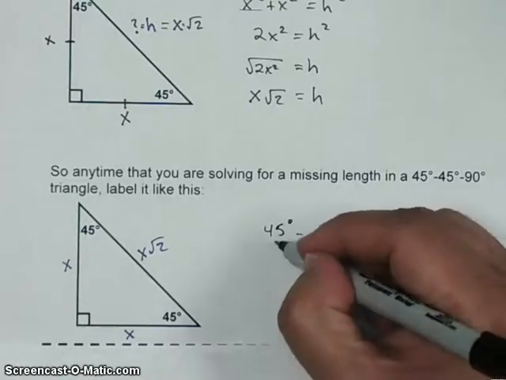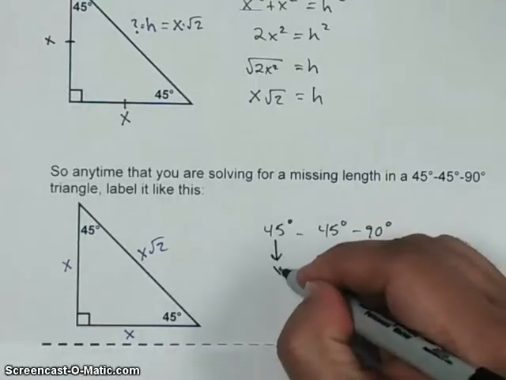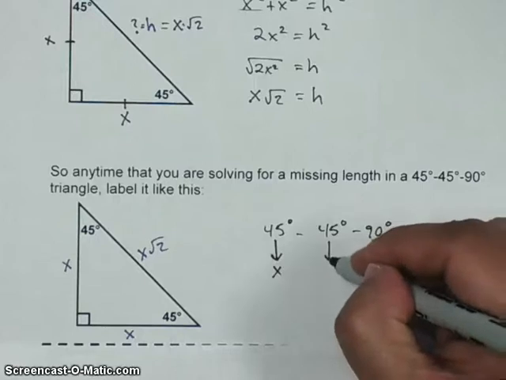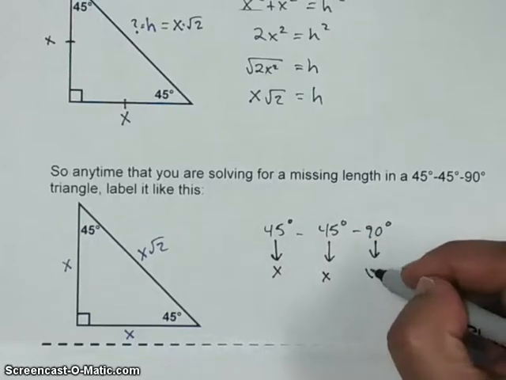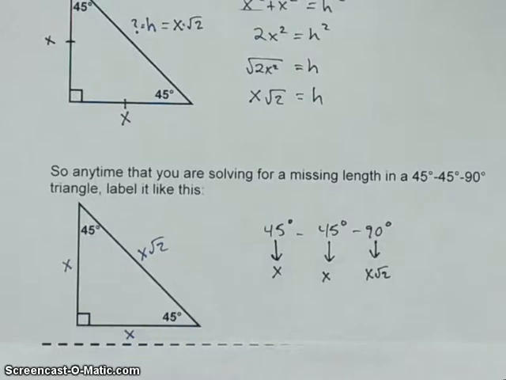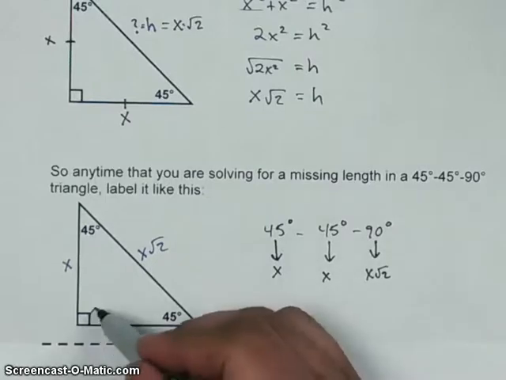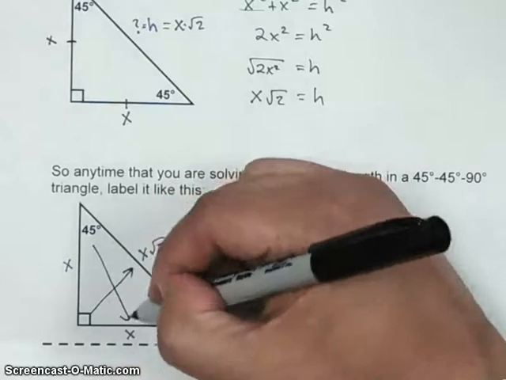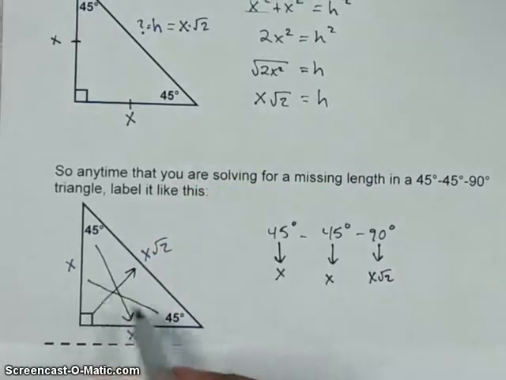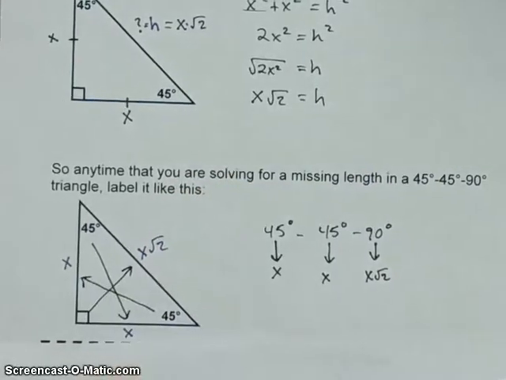To remember this, the 45 is always opposite the x on both of these, and the 90 is always opposite x square root of 2. So here I'm going across there, and I'm on the opposite side there.